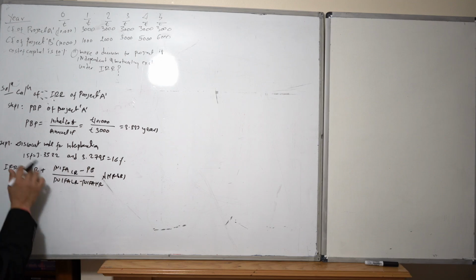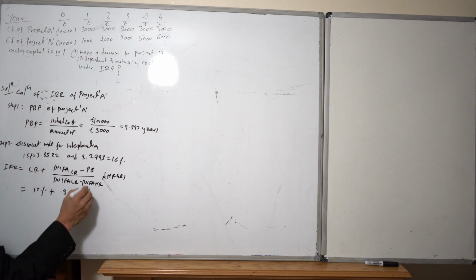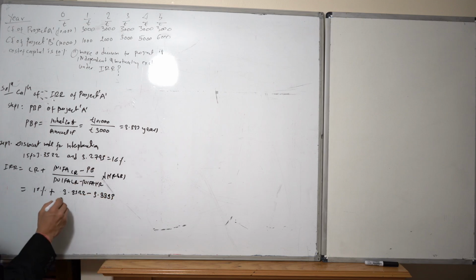So the lower rate over here is 15% plus present value interest factor at lower rate, which is 3.3522, minus payback period, which we know is 3.3333. We are taking here 4 digits after the decimal.